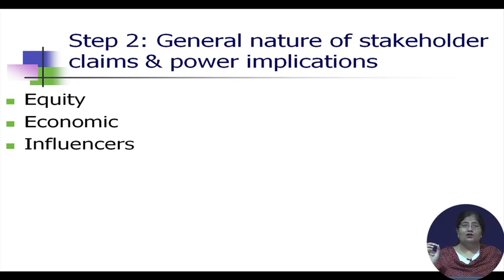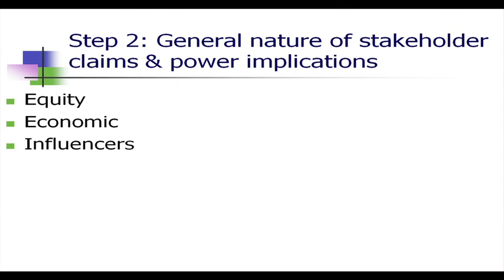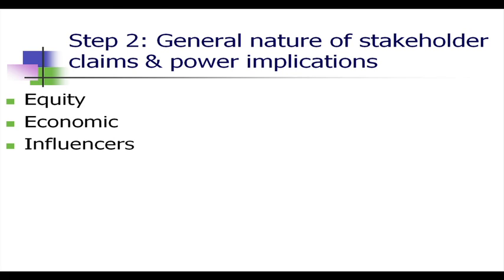Step 2 of this model deals with the general nature of stakeholder claims and power implications. When we talk about nature of stakeholder claims and power implications, we are essentially talking about how equitable they are, how economically viable they are. We are also talking about stakeholders who can influence the process. We are talking about how these stakeholder claims are equitable.